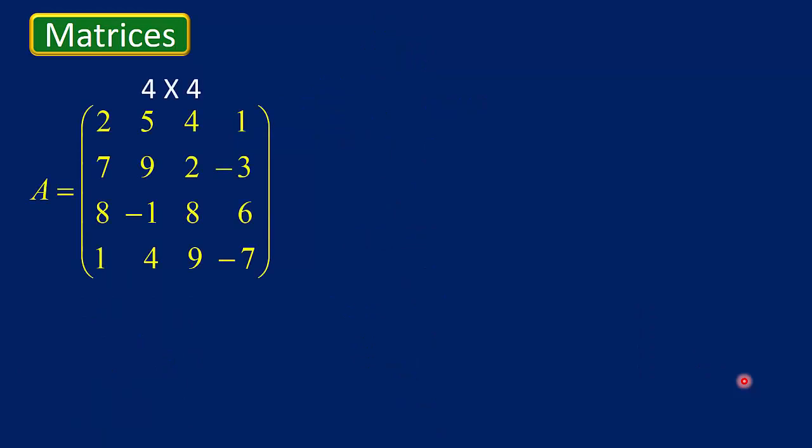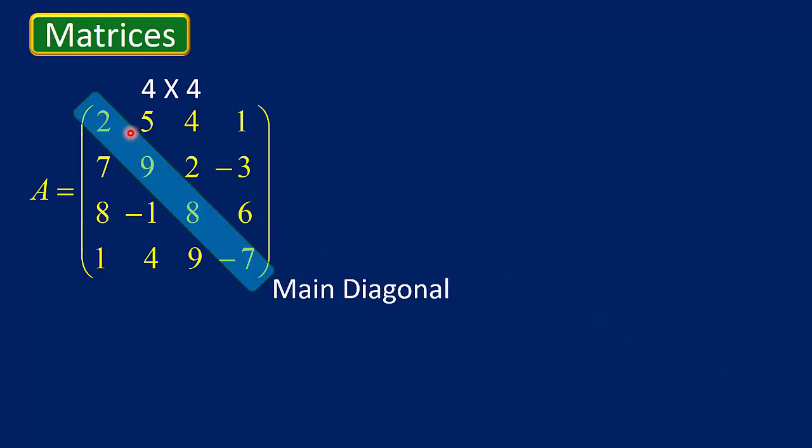Now here we have a 4 by 4 matrix, and it's got a diagonal here. Now it's got a diagonal going up this way too. But this one coming from the left down to the right like this is the main diagonal. So when you hear someone talk about the main diagonal, this is what they're talking about. You start up here at the top left and you just go down this way.